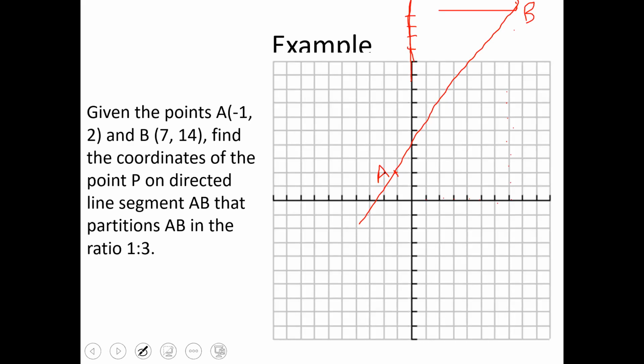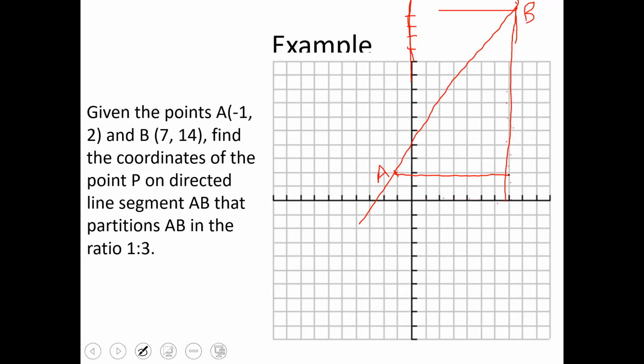That's one thing we have to do first. 14 minus 2 is 12, right? And then this is negative 1 over to 7, so that's 8. So good job.